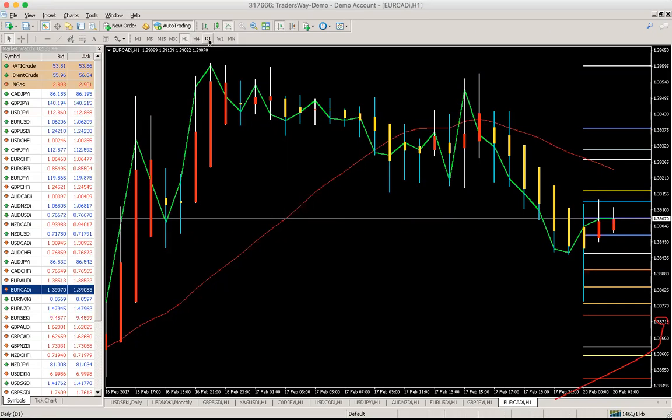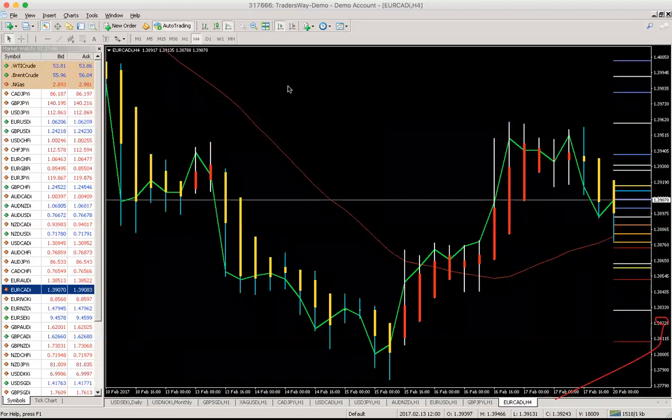If I were to change this chart to say like an H4, which I just did, now I'm looking at the hourly. The S3 was breached on the H4. So for the last 4 hours, this has been a sell. A pretty strong sell.